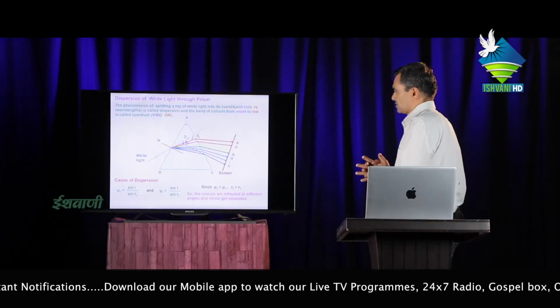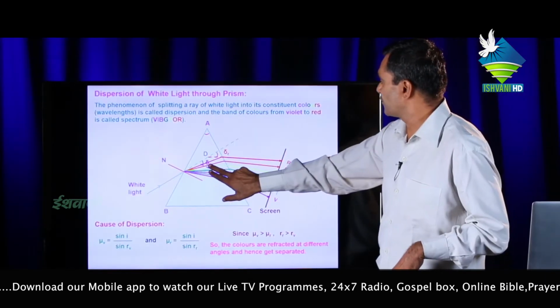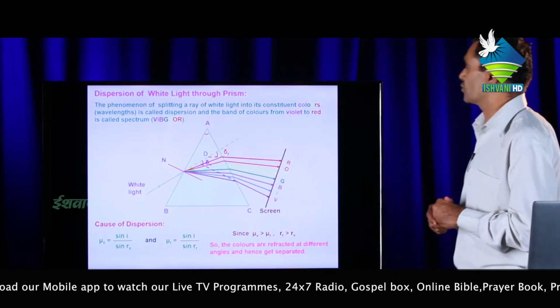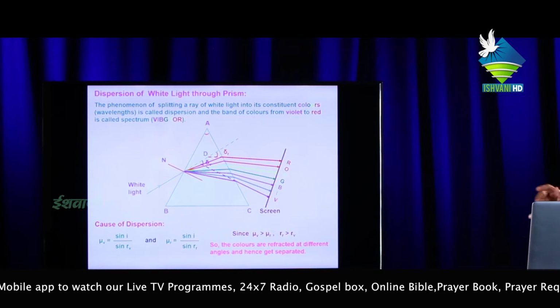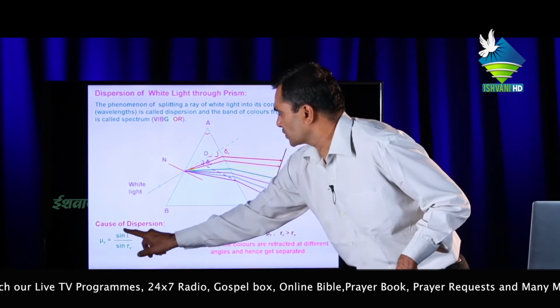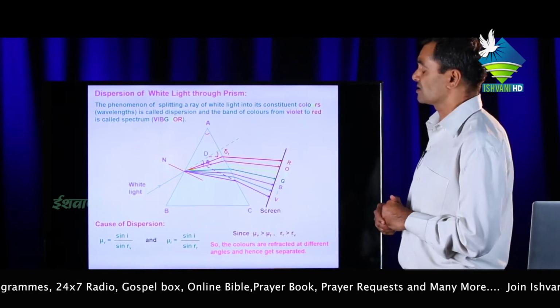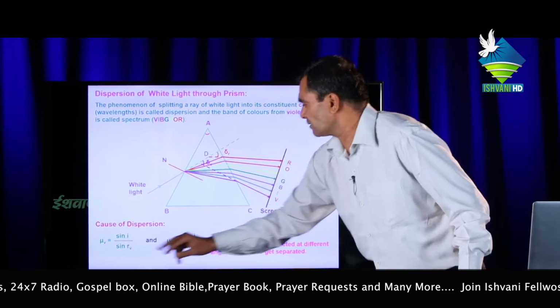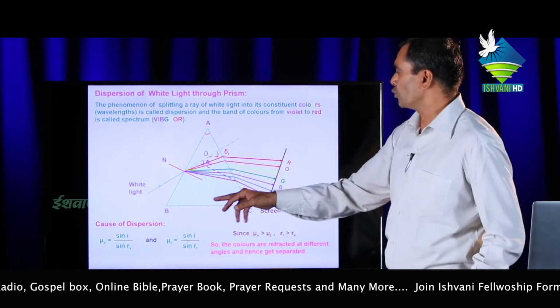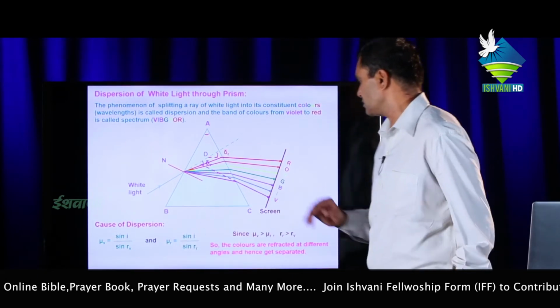The difference of angle of minimum deviation, delta V and delta R, is called dispersion. Causes of dispersion: mu equals sin I upon sin R by Snell's law. For the violet light, mu V equals sin I upon sin RV, and for the red light, mu R equals sin I upon sin RR.